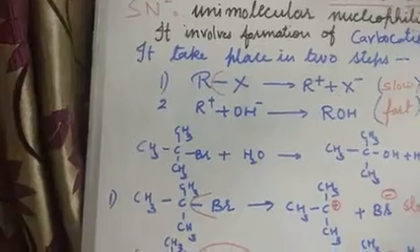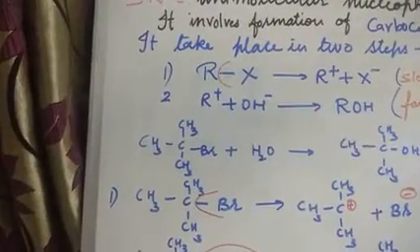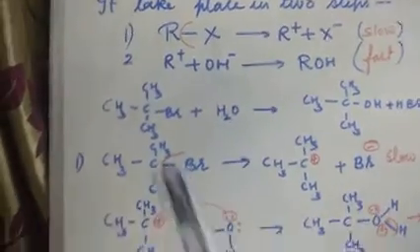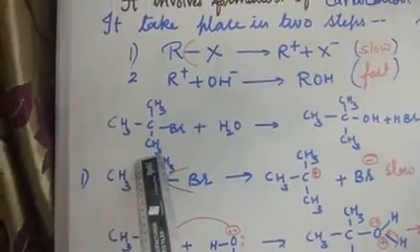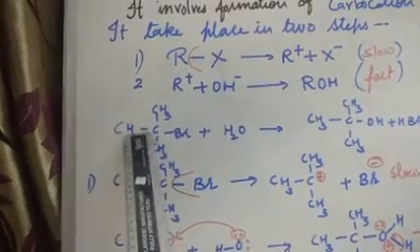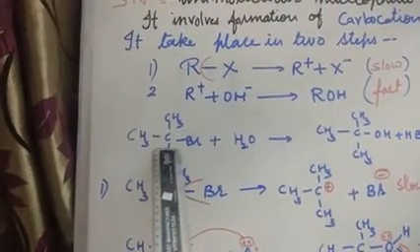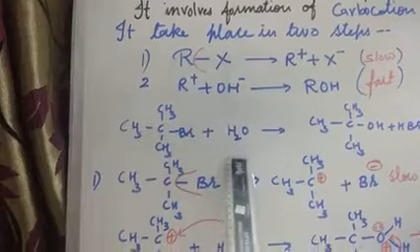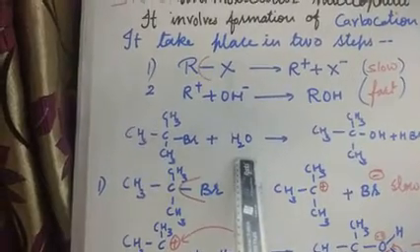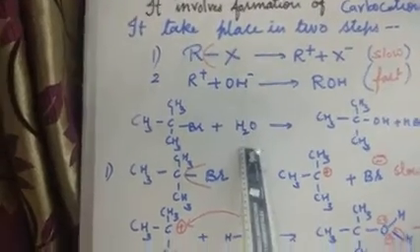As I am telling you that maximum is the stability of tertiary carbocation, that's why I have taken here tertiary alkyl halide. This is tertiary carbon, students, attached with 3 alkyl groups. So here this tertiary alkyl halide, when reacting with water, here water is acting like nucleophile.